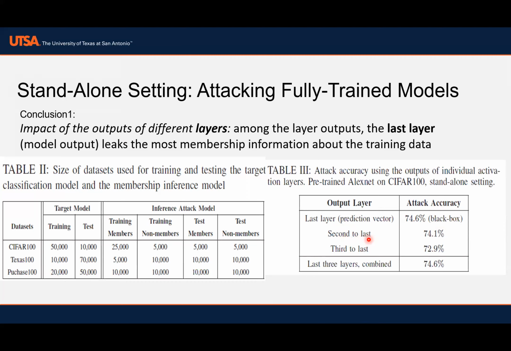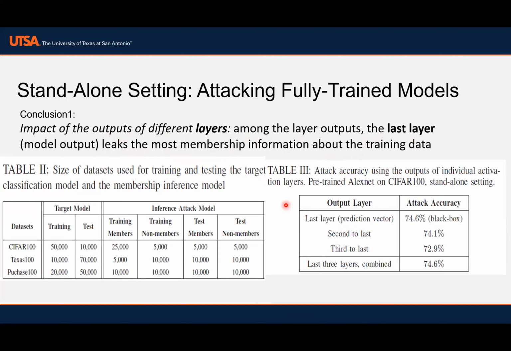So we get the first conclusion: from the view of the impact of the outputs of the different layers, the last layer leaks more membership information about the training data.